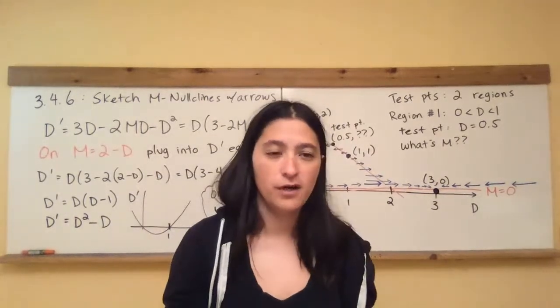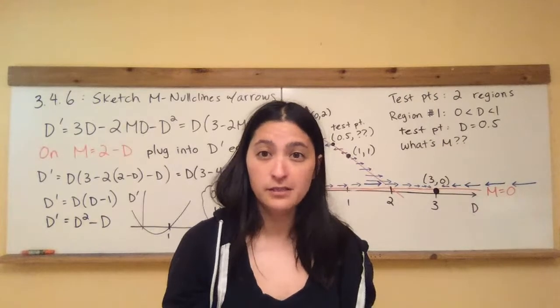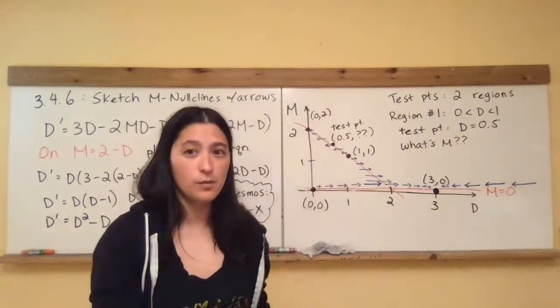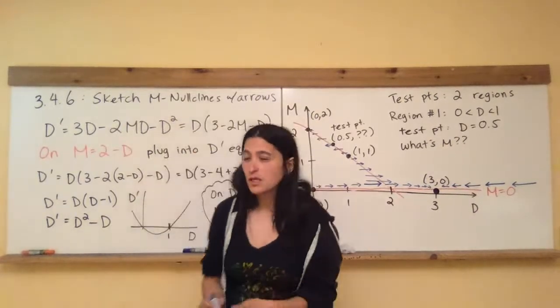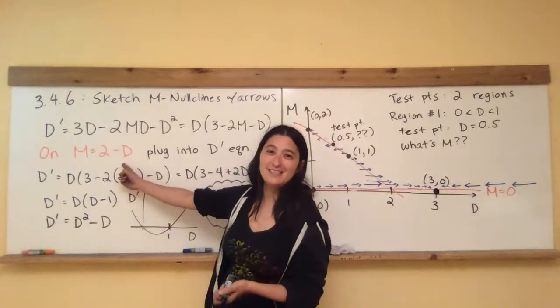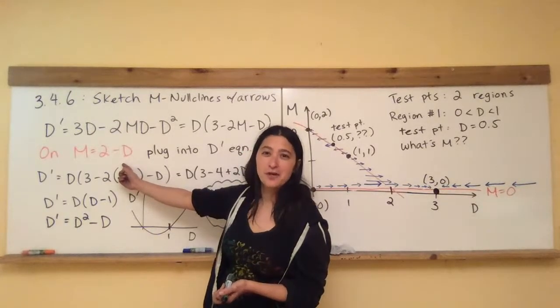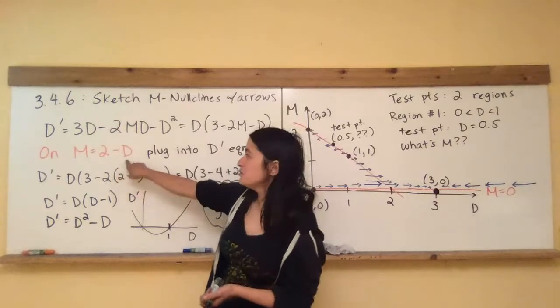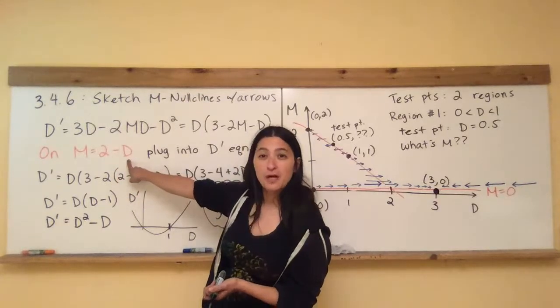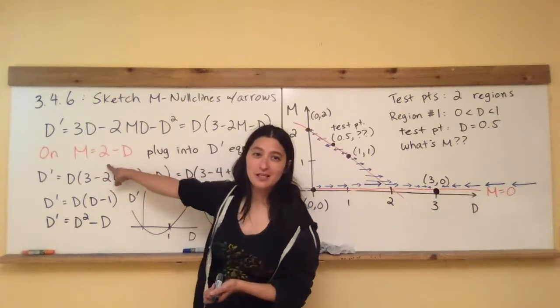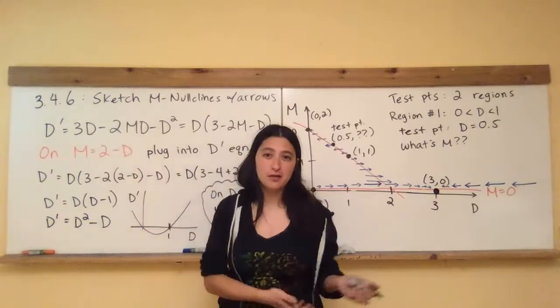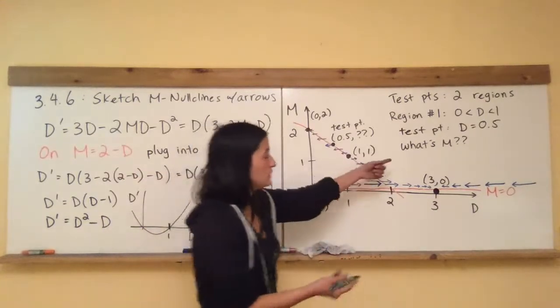Somebody says 0.5, 1.5. That's right. You know how you find out what M is? Well, this whole time, it says it right here. That's the nullcline that you're working on. Once you pick a value for D, you plug it into the nullcline equation to get the other component. Okay, so what's M?